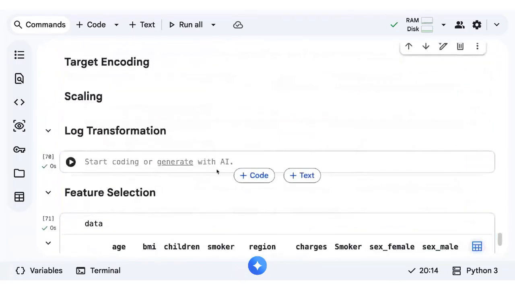So now coming to target encoding. What is target encoding? Sometimes you can capture a relationship between your feature as well as a target column.